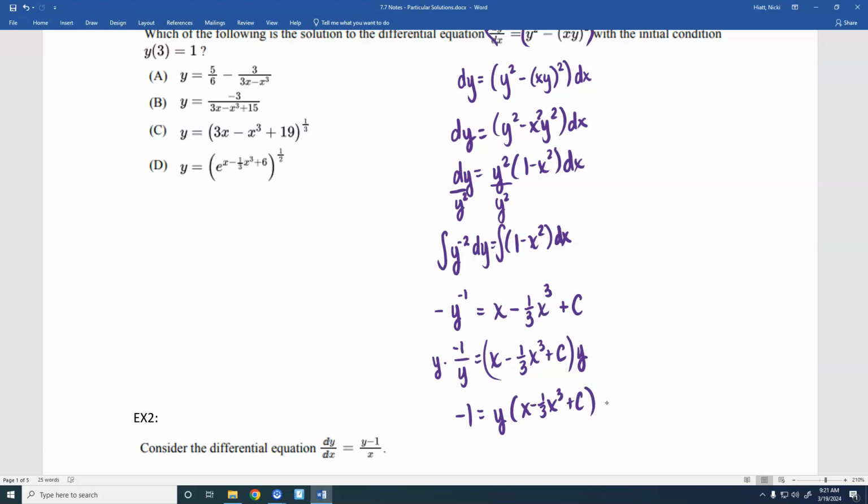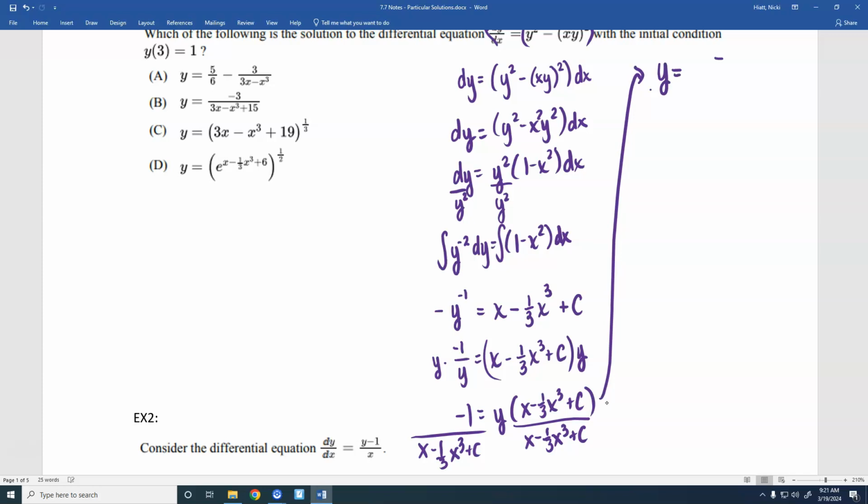And then I can divide by the x minus 1/3 x cubed plus c. So y is going to equal negative 1 over x minus 1/3 x cubed plus c.